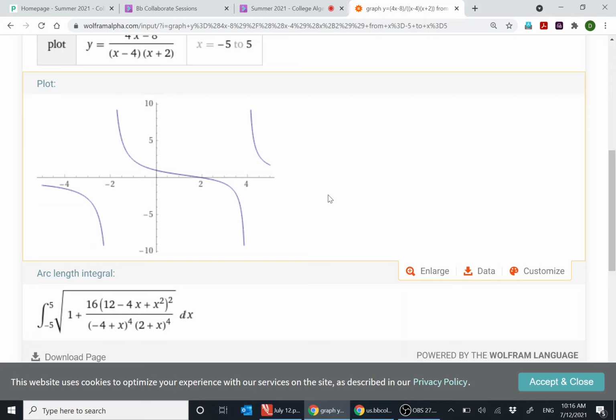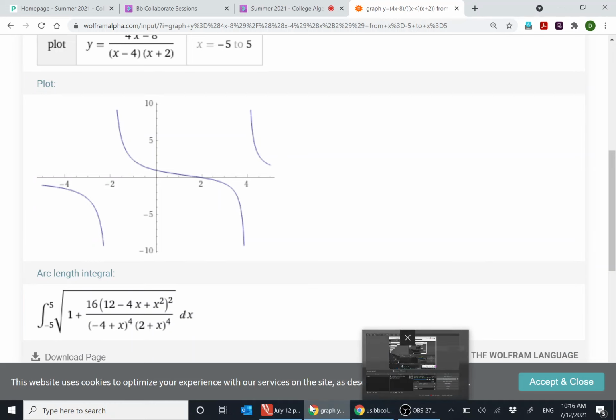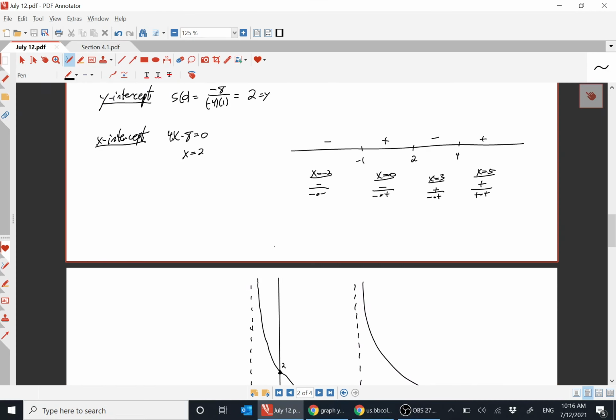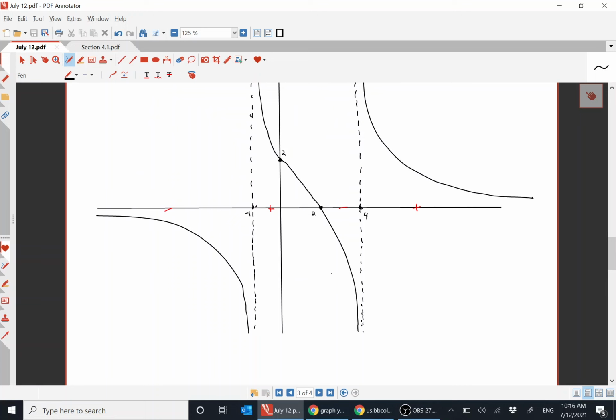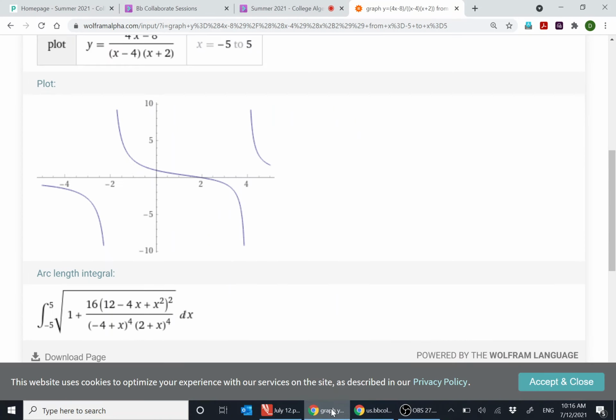Don't know if that's necessarily the case, looking at this. Well, it might be. I'd actually have to try to figure it out using calculus, but we don't know. But this is the picture we've got, and this is a more accurate one.